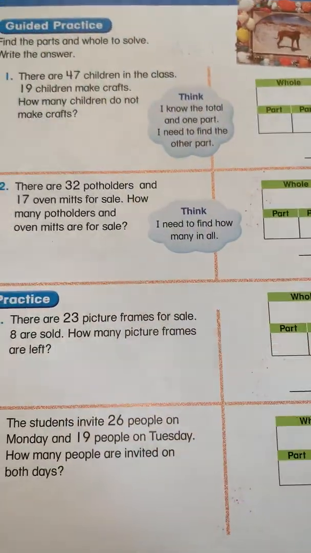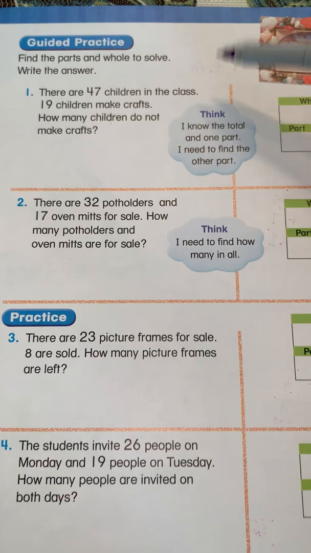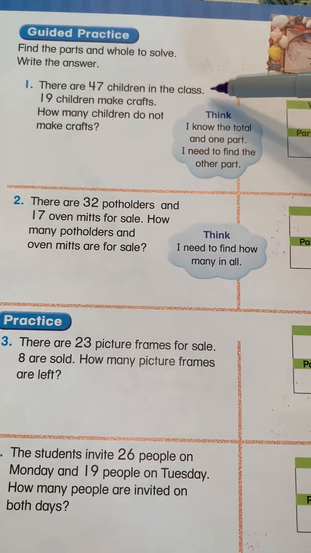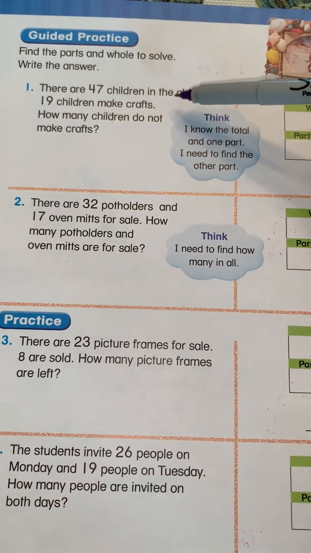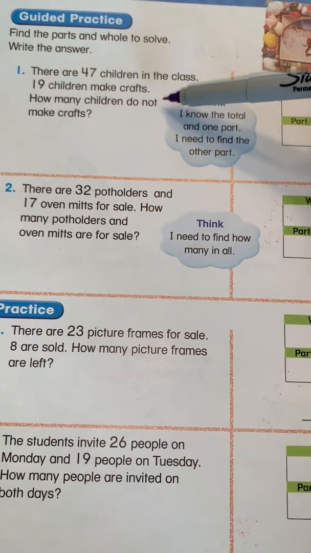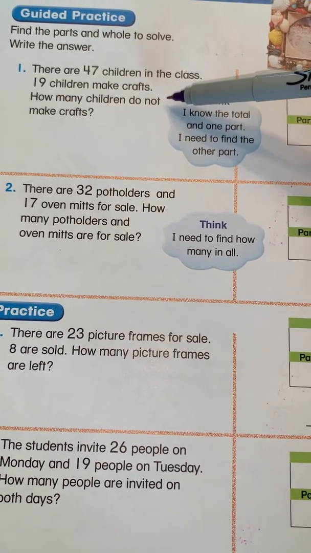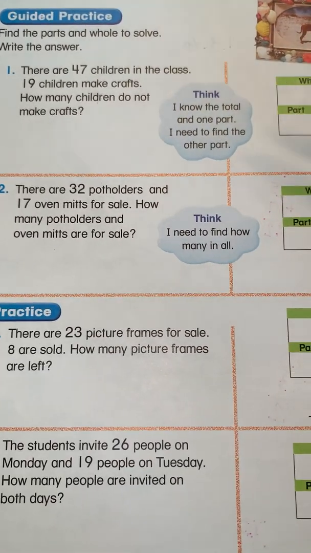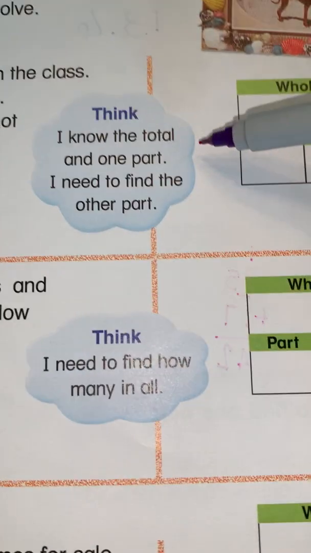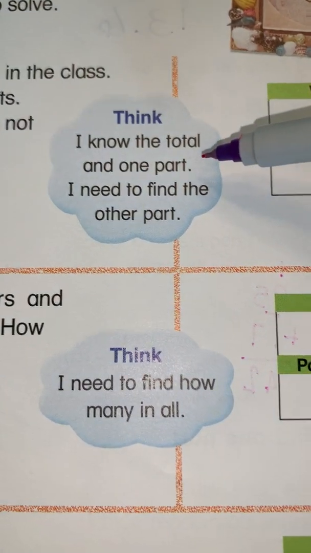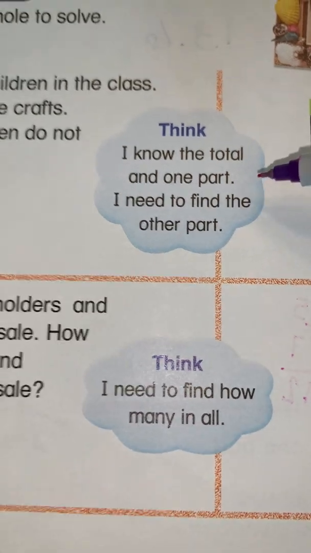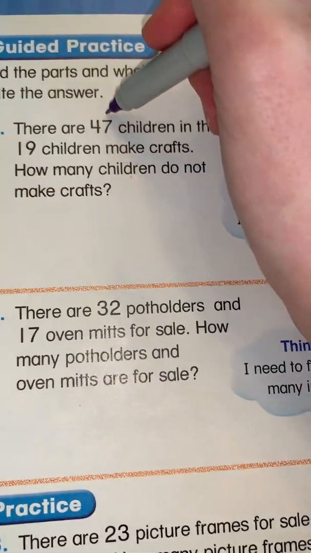Let's try one together on the back. There are 47 children in the class. 19 children make crafts. How many children do not make crafts? Think. I know the total and one part. I need to find the other part. So I'm going to circle my numbers to help me.